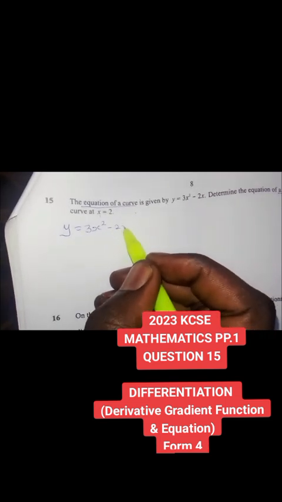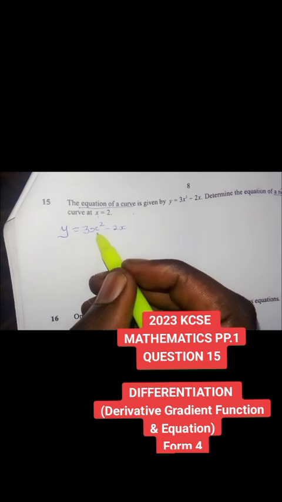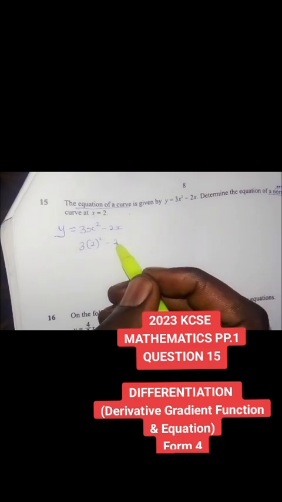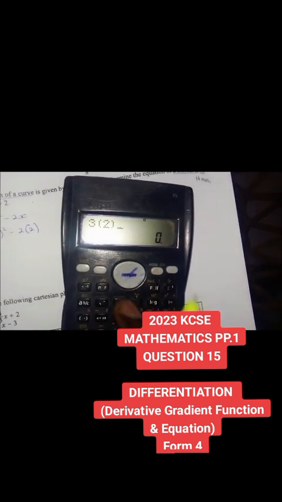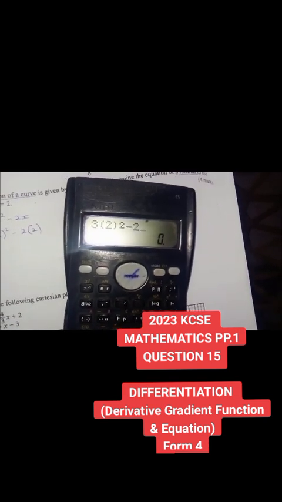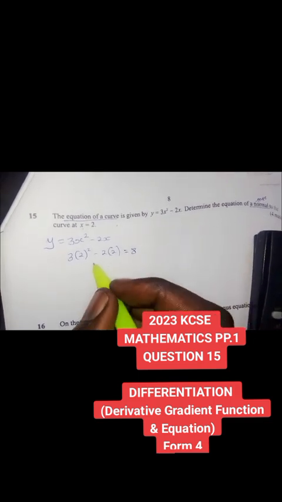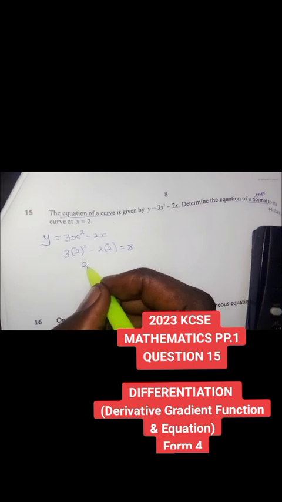If I replace x with 2, it becomes 3 into 2 squared minus 2 into 2. If I place that on the calculator, we have that the value of y is 8. So it means that this line is at point (2, 8).